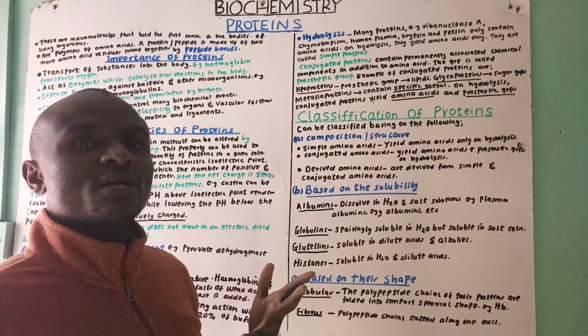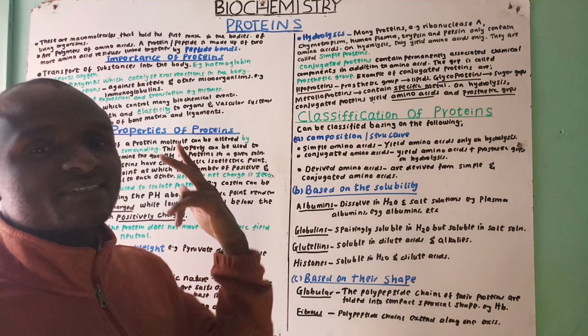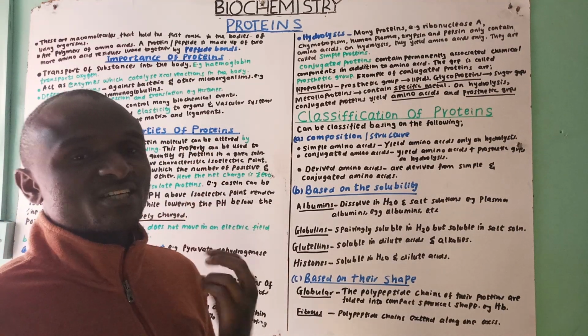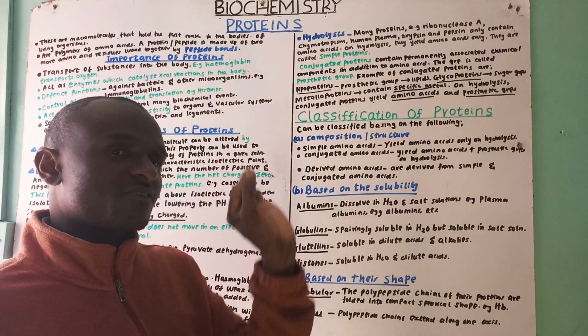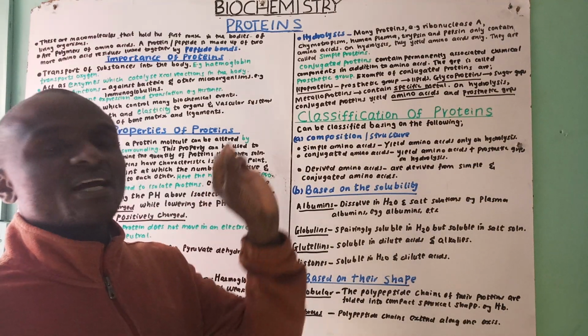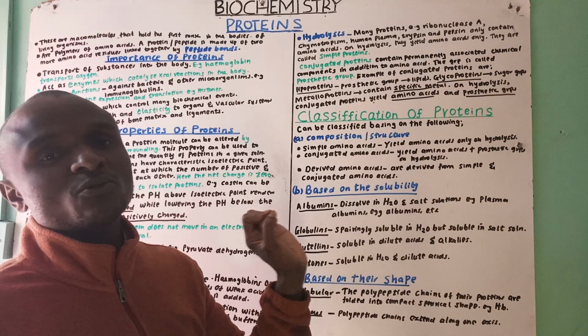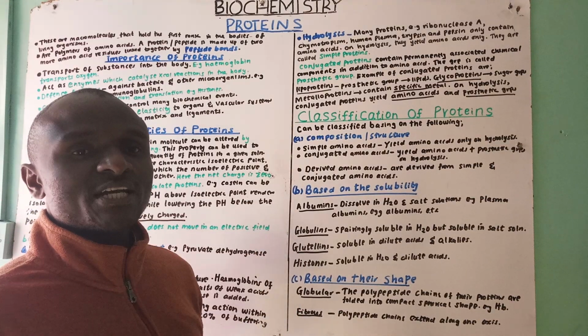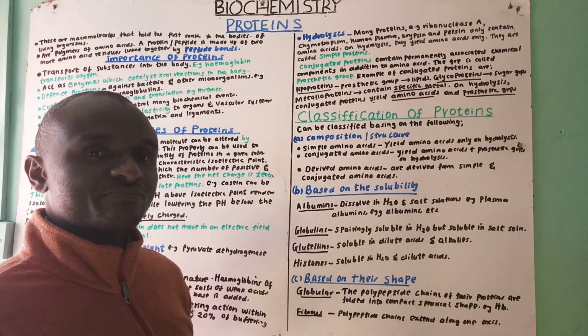We went ahead and looked at the structure of amino acid. The basic structure of amino acids consists of a central carbon, a carboxyl group, an amino group, a hydrogen atom, and a side chain, which normally distinguishes one amino acid from another.